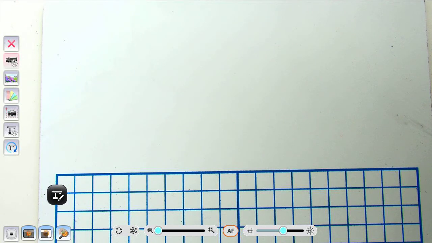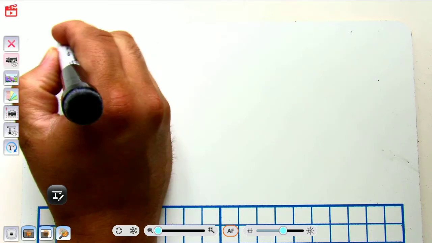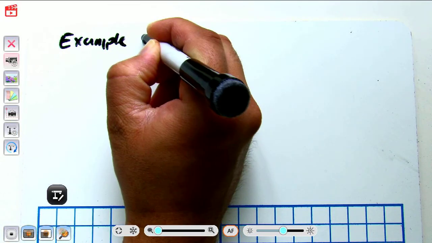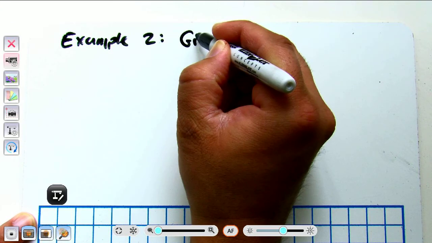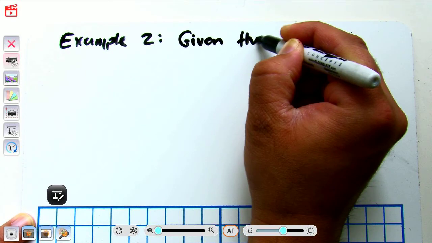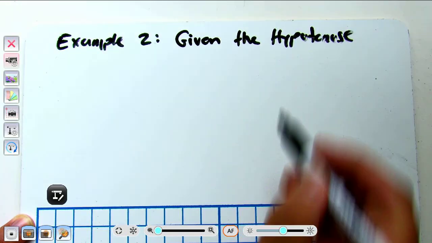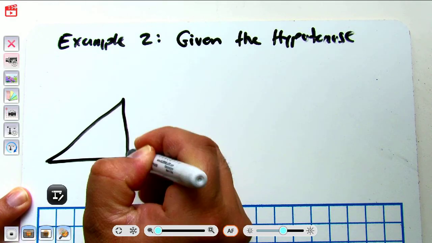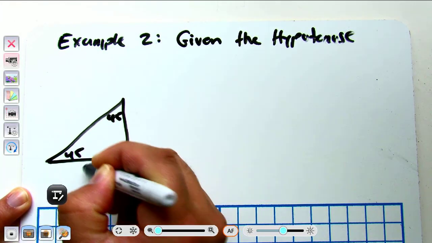Example 2, given the hypotenuse. So again, let me write the formula. Again, 45, 45, 90. This side is x, this side is x, and this side is x square root 2.